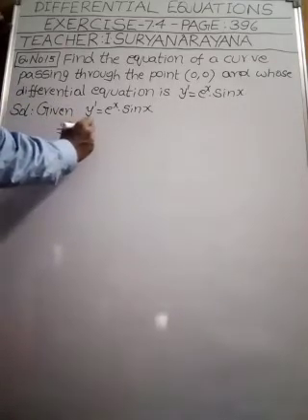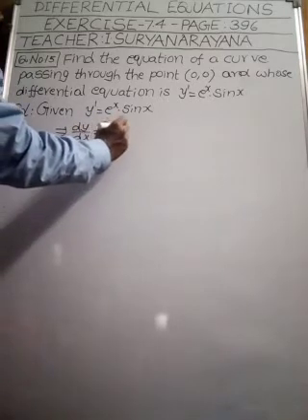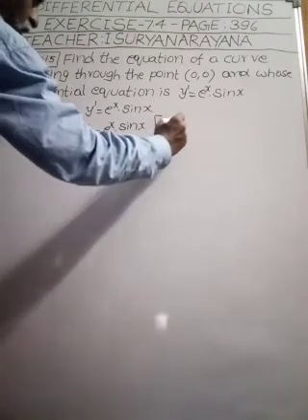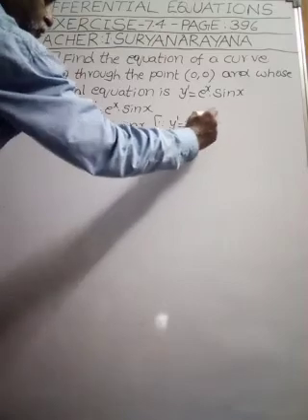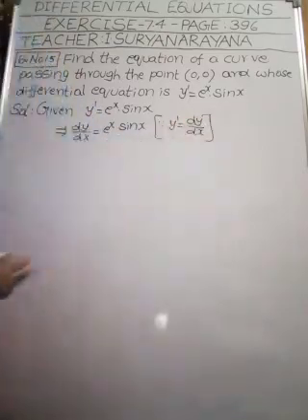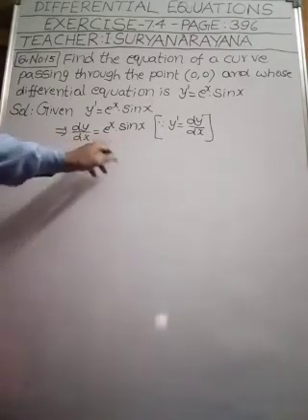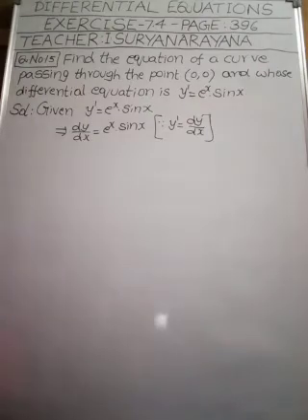It is dy by dx, is equal to e power x into sin x, because y dash is equal to dy by dx. Both denote the same. So, here we have to solve this differential equation by using the variable separable method.